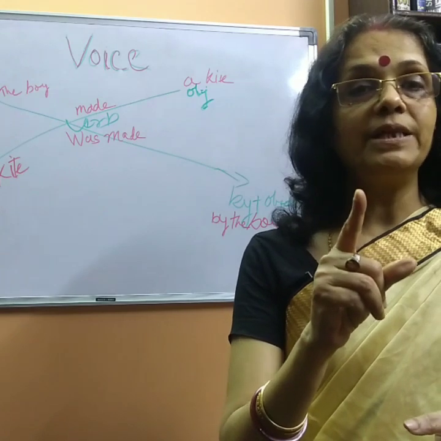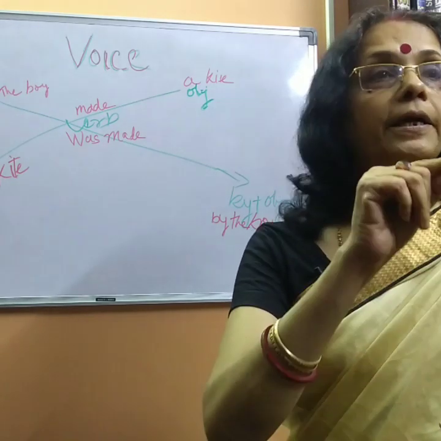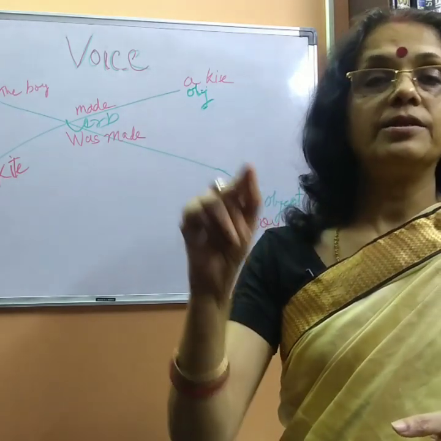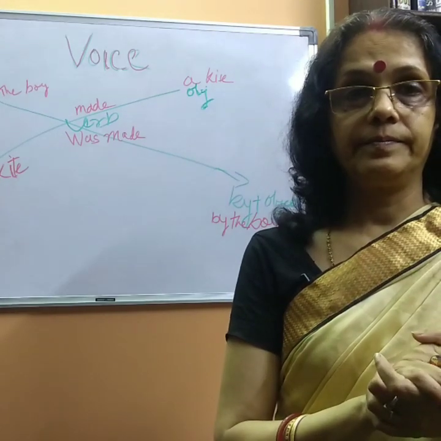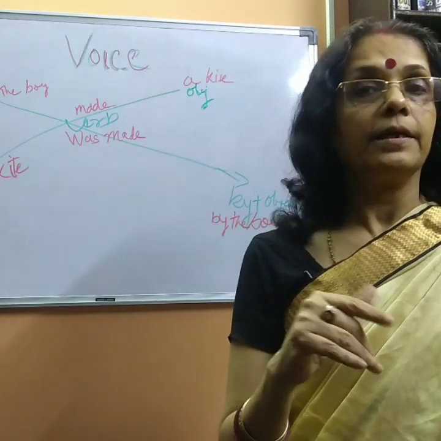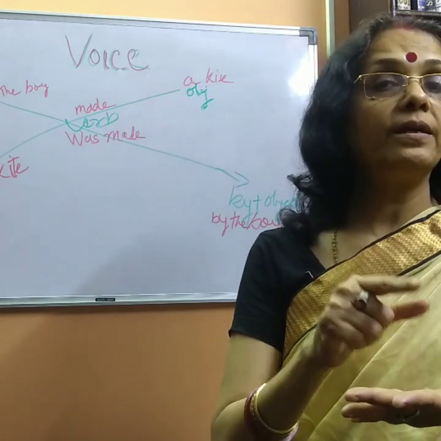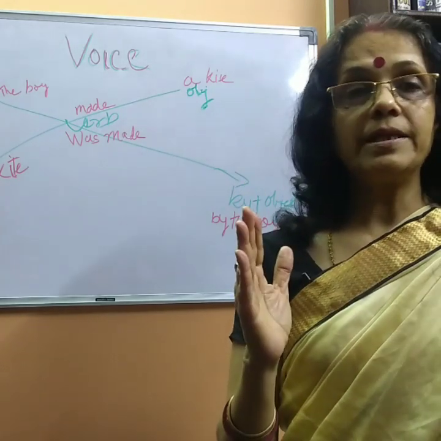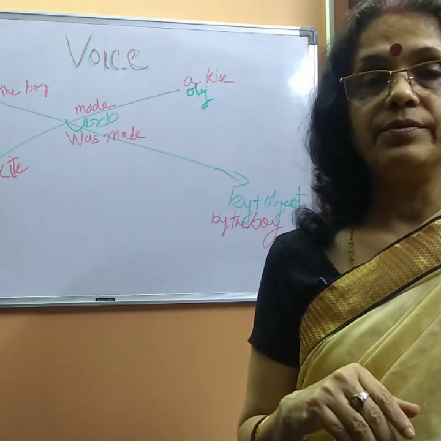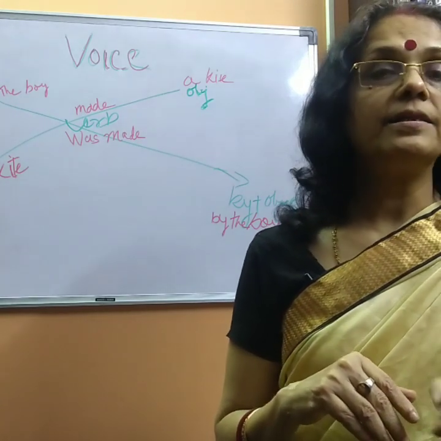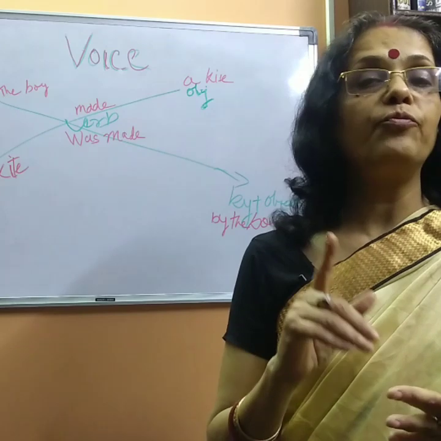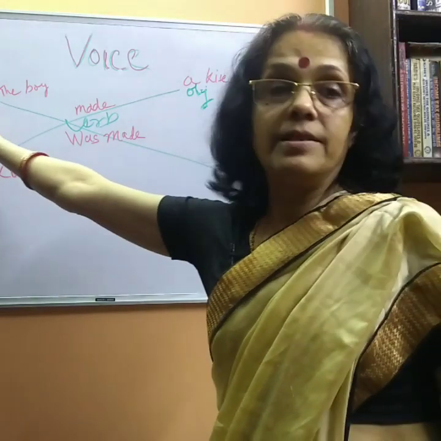So when the subject is active, like the cat chased the rat. In this sentence, the cat is the subject and the verb is chased. Who is doing it? The cat. So in this sentence, the subject is active and as such, it is the doer of the action. So we call it active voice.